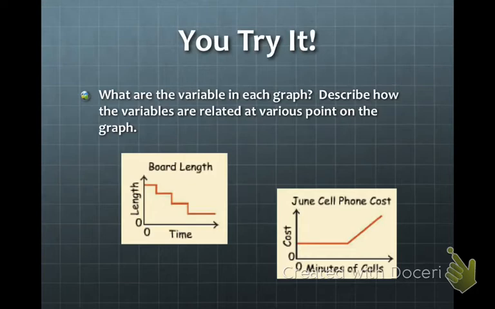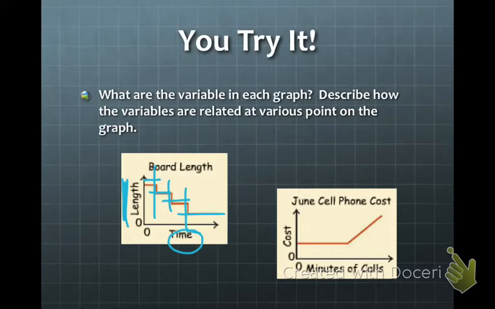Okay, so what's happening in the one on the left here is that we have a certain board, like a 2x4 or something like that. And over time, what's happening to the length of our board? Well, it was the same length and all of a sudden it's shorter. Same length and then it's shorter, same length, it's shorter, and then the same length again.